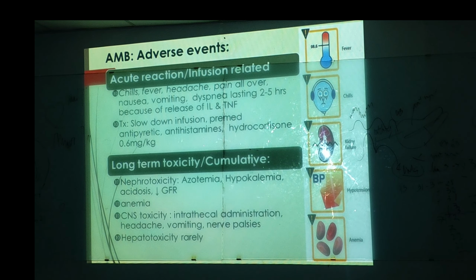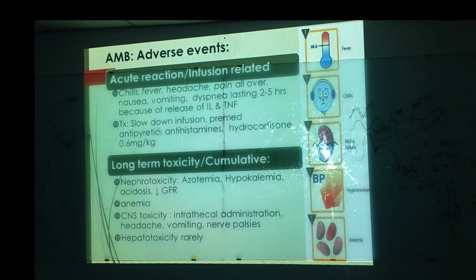Okay, adverse events of your amphotericin B. Acute reactions are infusion related, manifested by chills, fever, headache, pain all over the body, nausea, vomiting, and dyspnea, lasting for 2 to 5 hours, and this is all because of the release of interleukins and tumor necrosis factors.